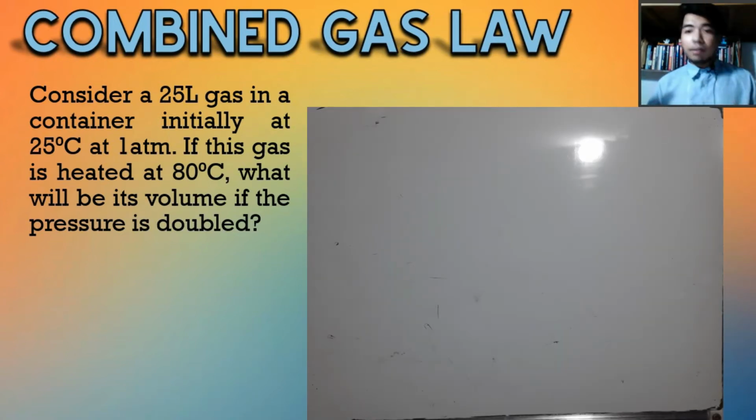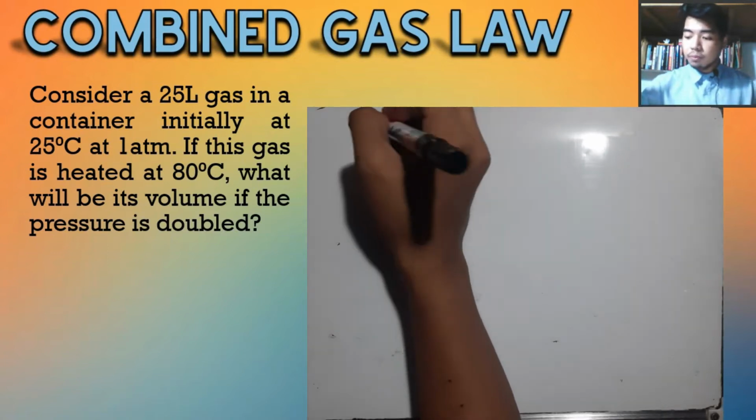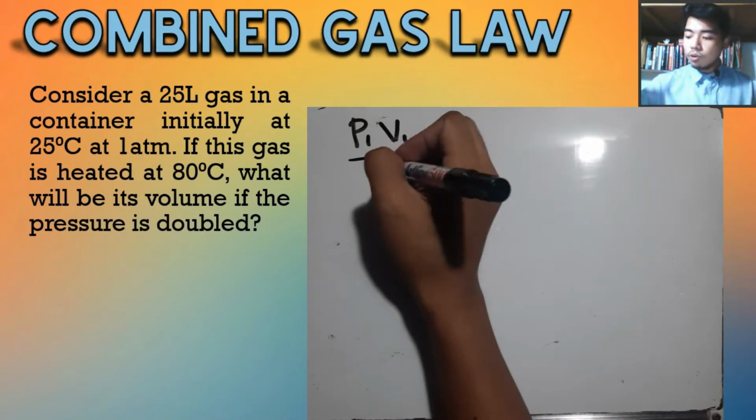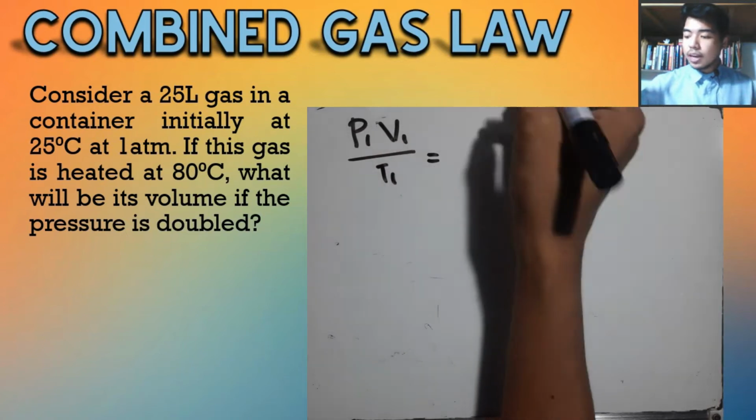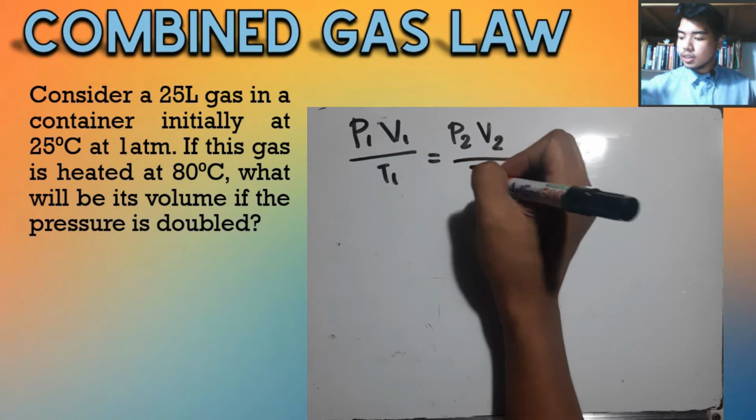Okay, so now, how are we going to manipulate the different formulas in the combined gas law? Remember, our base formula is P sub 1 times V sub 1 over T sub 1, which is equivalent to P sub 2 times V sub 2 over T sub 2.